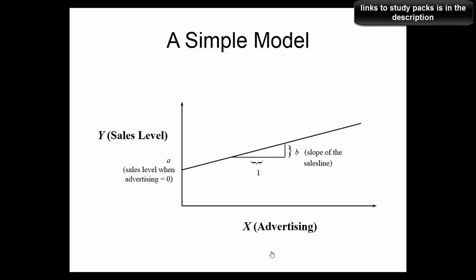The first model that I'll talk about, which is well known to you, is the simple linear model, which is a straight line model. We are interested in two things, an intercept and the slope, right? If y equals a plus bx is the regression line, we're interested in a and b, and using a and b we can forecast the future.